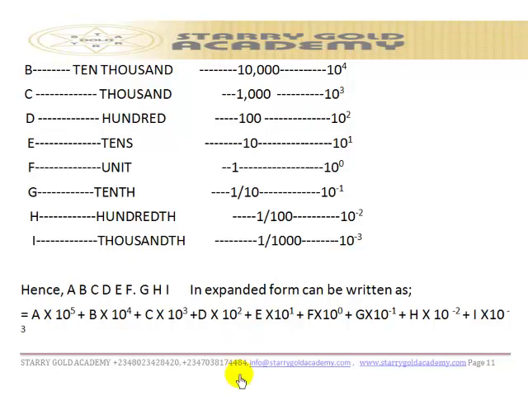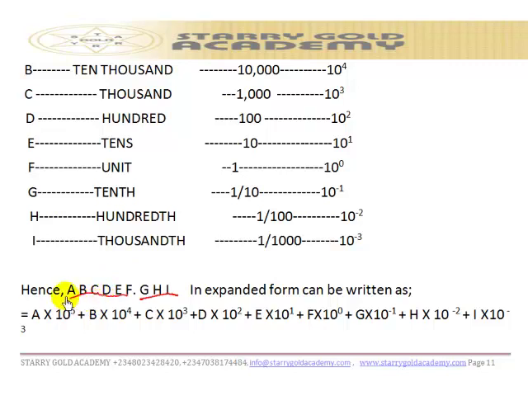So if everything I've given you is understandable, you know the place value of A, B, C, D, E, F, and then G, H, I. We are assuming that A, B, C, D, E, F, G, H, I is a number in base 10.